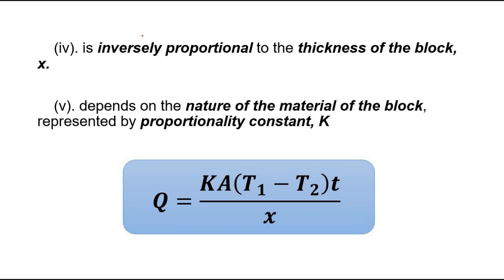T1 minus T2 represents the temperature difference, delta T, or in differential form we can write it as dT. x can be written as any displacement or gap, so we can write it as delta x or dx, because let's say we pick any two points in space, in a three-dimensional space or in any direction, and we want to know the gap between them.